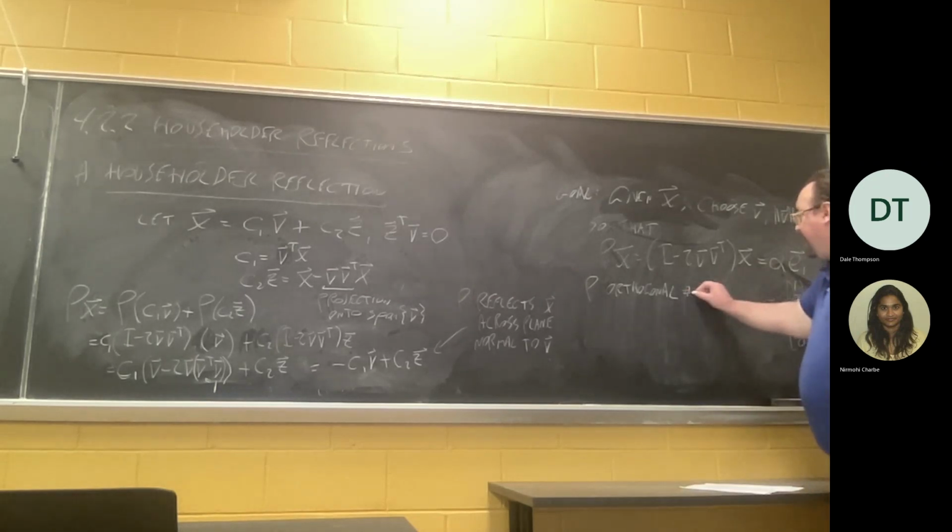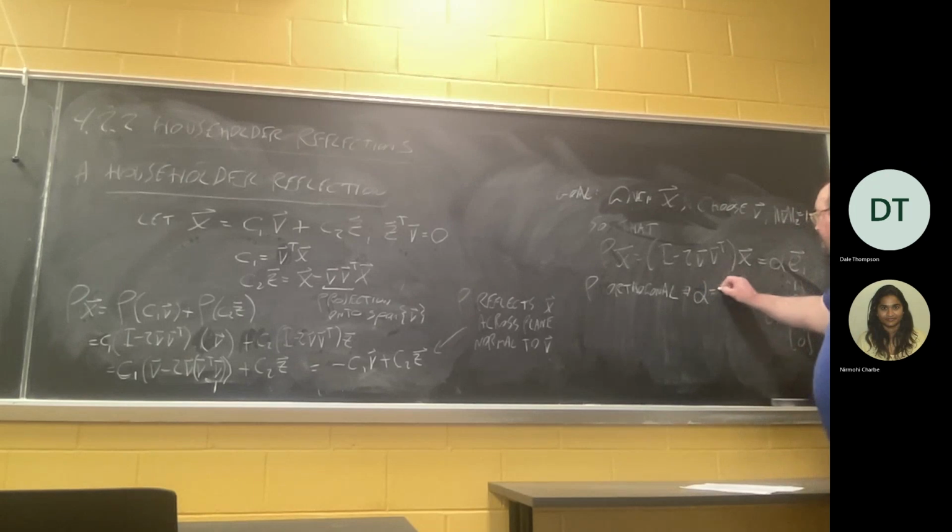So that tells us that the scalar alpha must be equal to plus or minus the 2 norm of x. And we'll figure out which one, plus or minus, a little later.